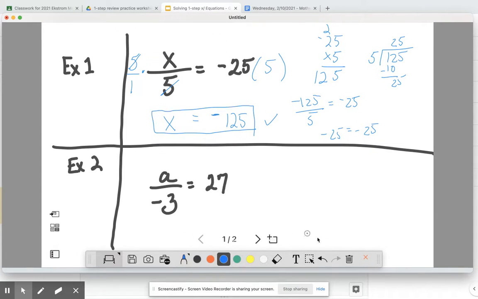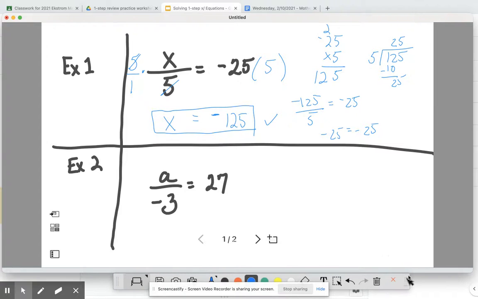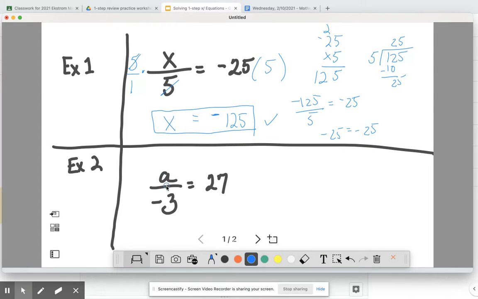Alrighty, let's go down here. A divided by negative 3 equals 27. So they are dividing by negative 3, so I need to multiply by negative 3 on both sides. This is in the form of a fraction, so we're going to make that a fraction.